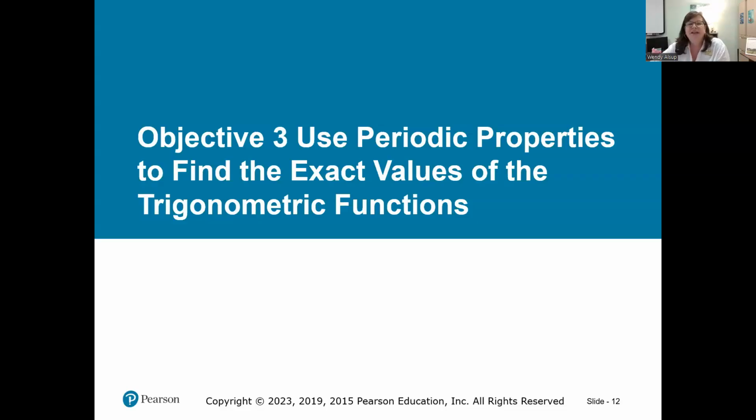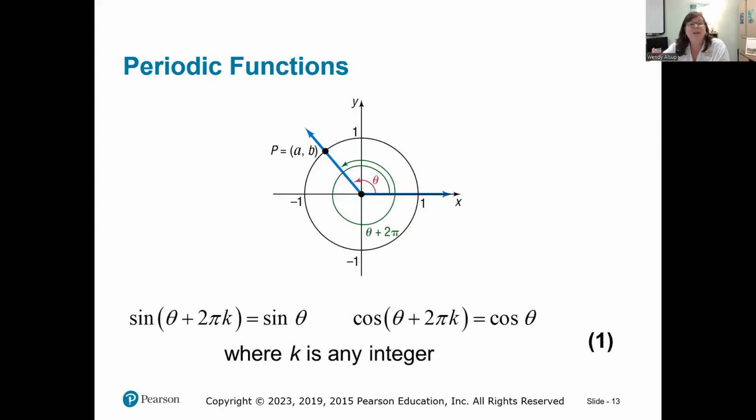Periodic properties to find exact values of the trig functions. Basic idea right now is that these guys repeat every 2 pi. So if you found all the trig values, sine, cosine, tangent of some point A, B, with angle theta, and you went all the way around 2 pi more and got back to the same point, all of those sines and cosines would be the same.